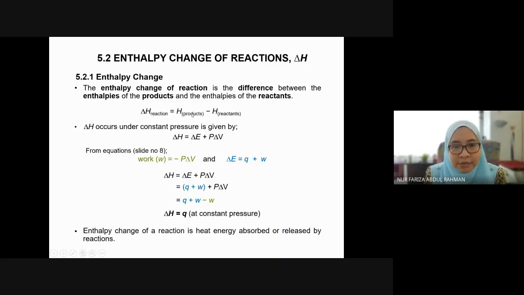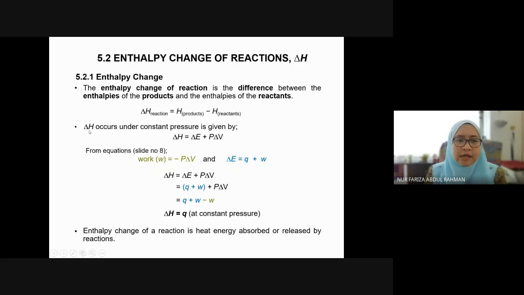So the enthalpy of the products minus the enthalpy of the reactants. By right, this is the formula to get the change in something, in this case the change in enthalpy of reaction. It is the enthalpy of the products minus the enthalpy of the reactants. It is a subtraction. Okay, all right.